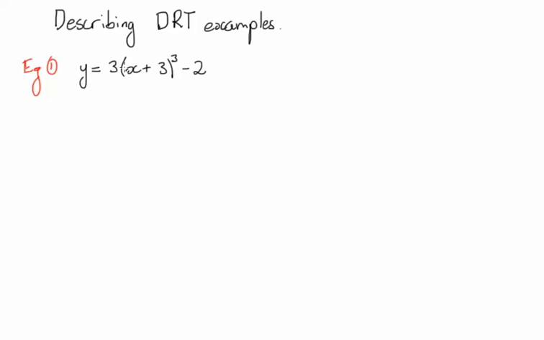So we know the first thing we're going to state is dilation by a factor of 3, because this is kind of like a times f of x, dilation by a factor of 3 from the x-axis. Sweet, we've done the dilation.